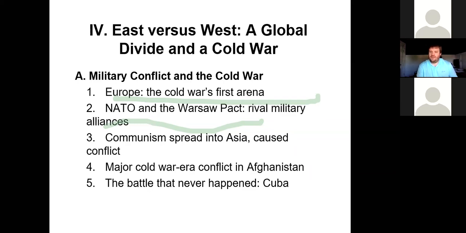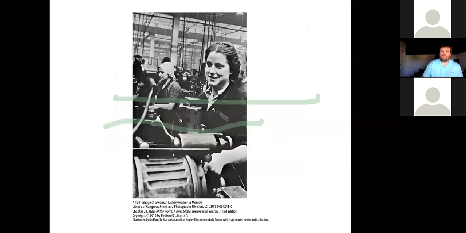The Cuban Missile Crisis happens in October 1962, where essentially nuclear missiles were going to be placed on Cuba, on the Cuban border, which would have enabled the Russians to attack the United States directly. It is resolved in the end by the Soviet Union agreeing not to leave nuclear missiles there, and the U.S. agreeing not to invade Cuba.